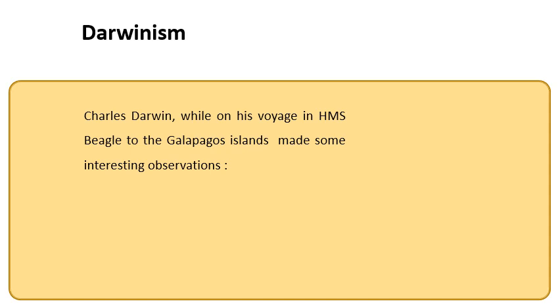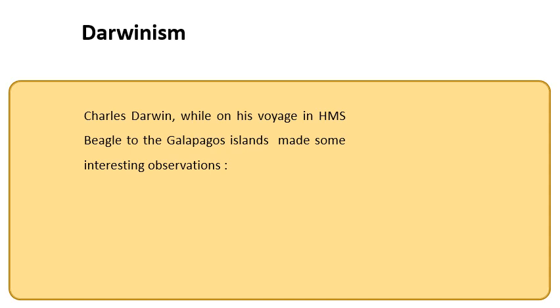His father was a medical practitioner in England. His father wanted him to be a doctor, and hence he was sent to Edinburgh to study medicine. But unfortunately, Darwin discontinued his studies in medicine.